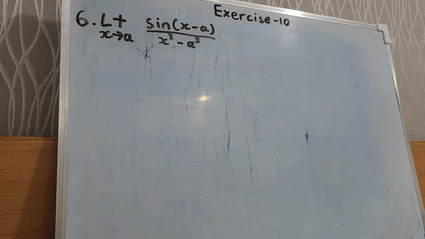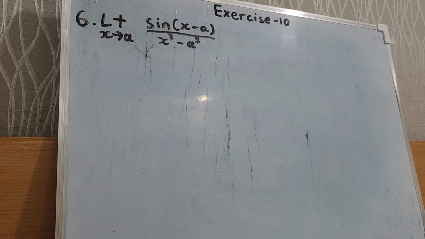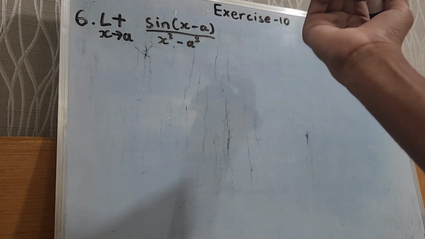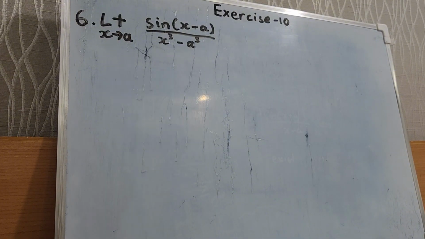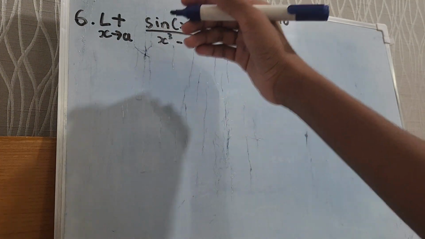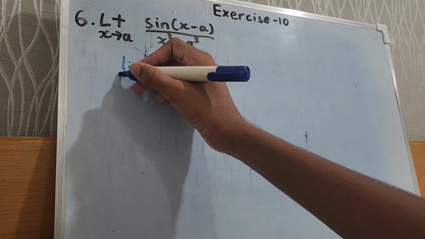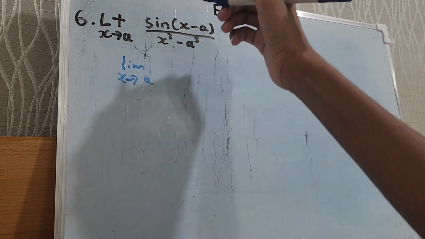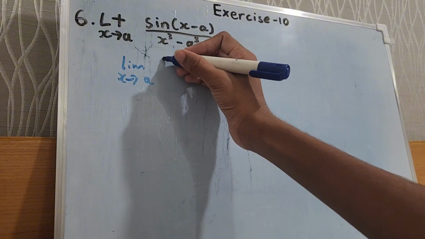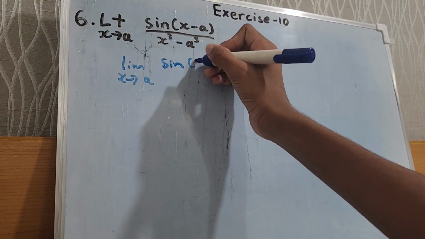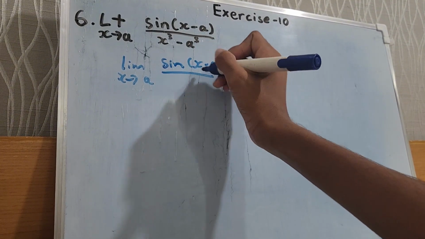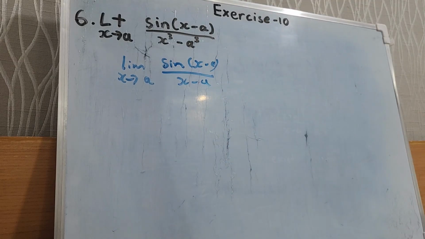Now we're on the final problem. They have given limit x tends to a, sine x minus a by x cube minus a cube. Let's use the formula: x cube minus a cube is x minus a into x square plus a square plus ax.